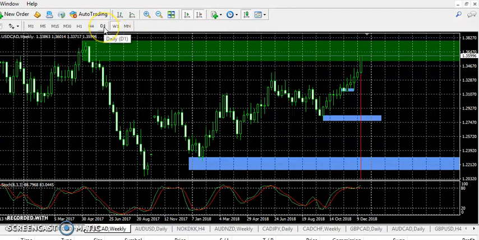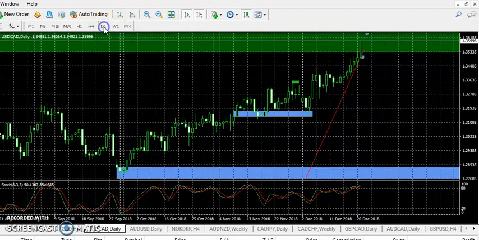So I would be cautious with my buys currently. I would wait for a trend break and wait for supply to be confirmed before I start selling. So that's how USD CAD is looking.